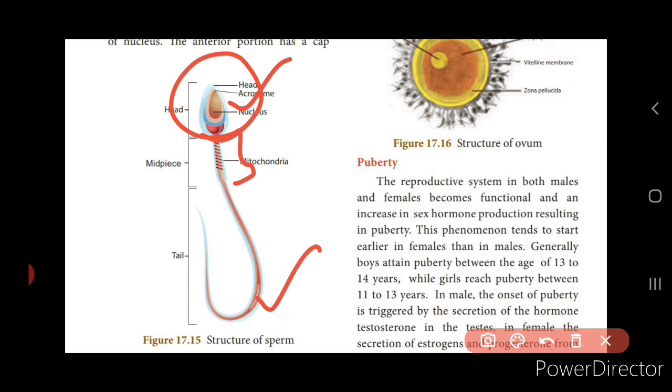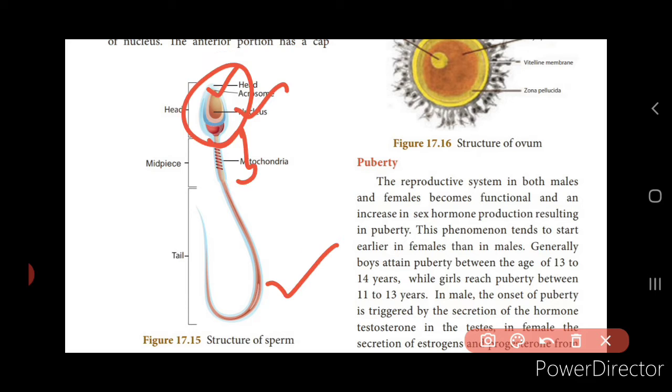At the anterior portion, you can see a cap-like structure. That is called the acrosome, and this acrosome contains an enzyme called hyaluronidase, and this enzyme helps the sperm to enter into the ovum during the fertilization process.